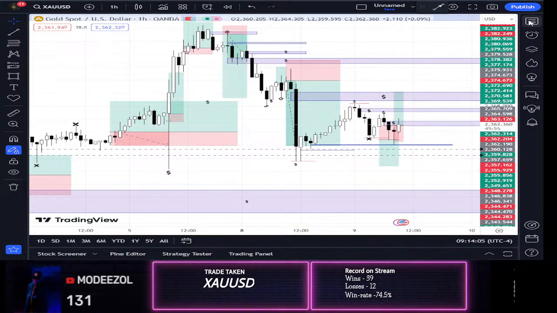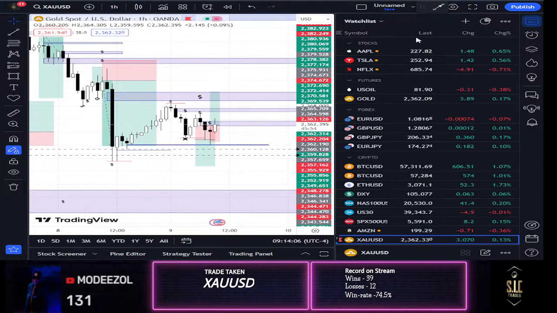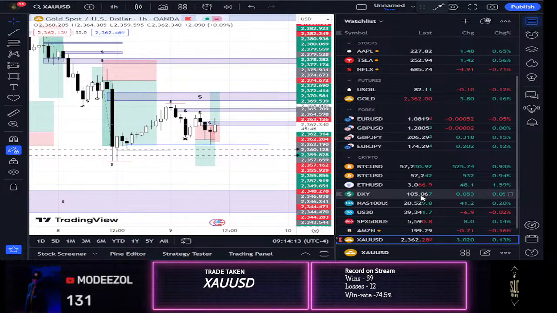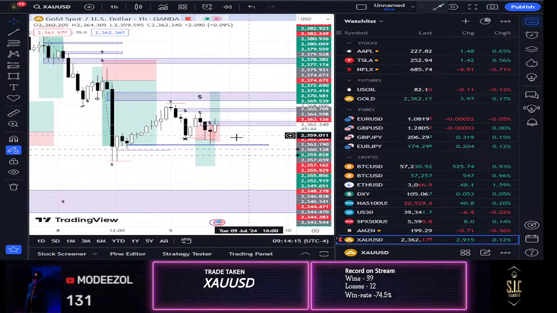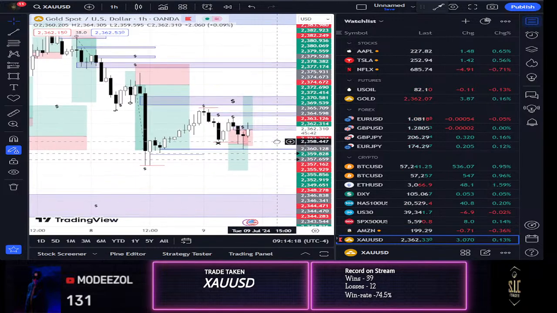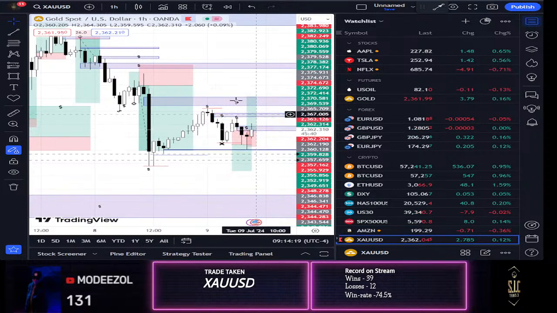Then we must keep in mind the DXY price is still probably falling. So if it's falling, gold is supposed to rise.